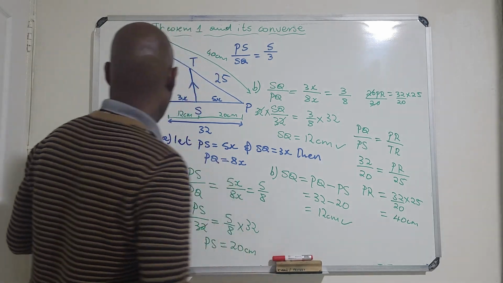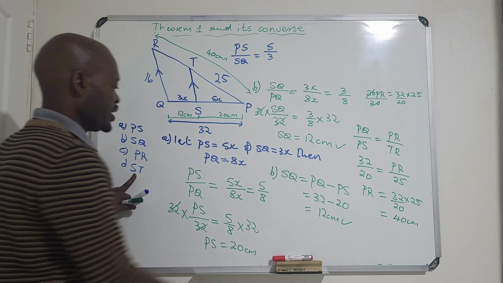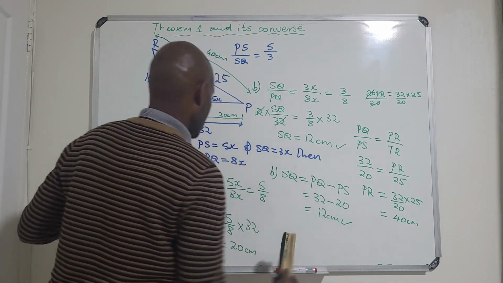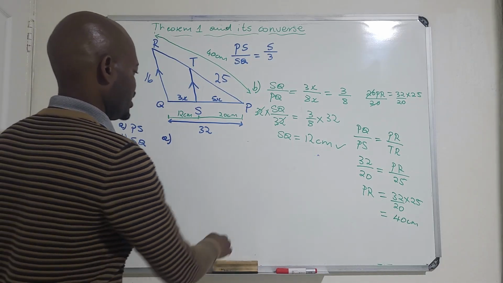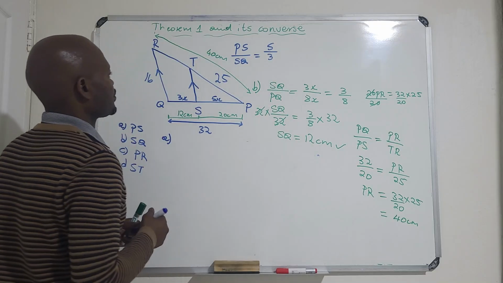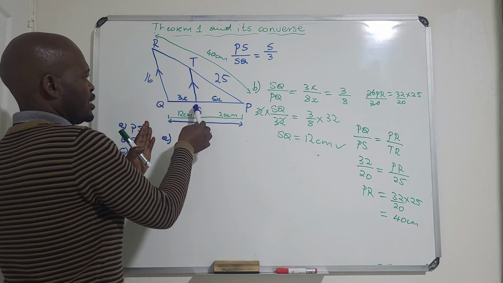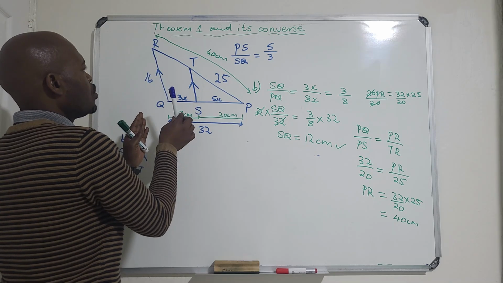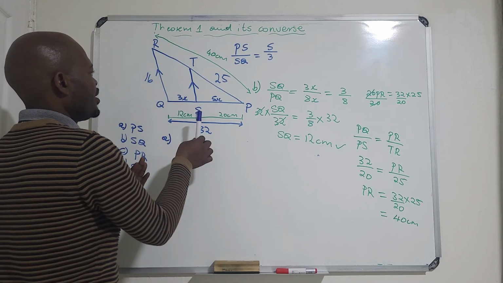Now, we are told to find ST. And for us to find ST, I want to remove here. ST is there. But now we don't know the ratio there and there.